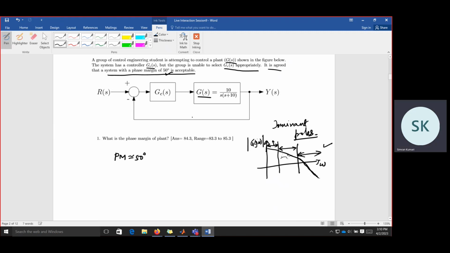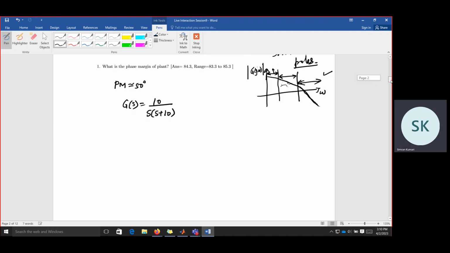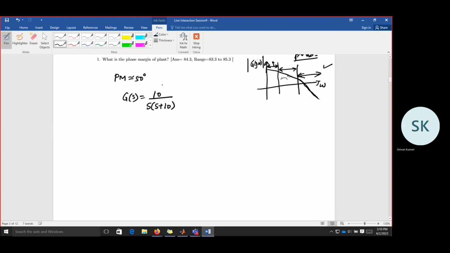Now for this, first we see what the phase margin of this system is. This is G(s), with s plus 10. We have to find the phase margin of the plant.